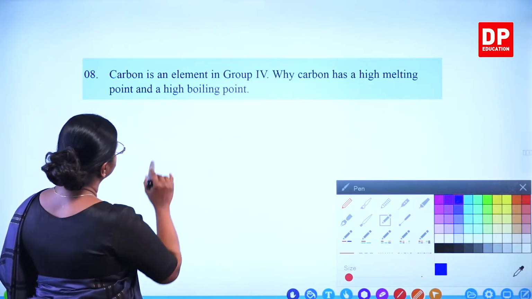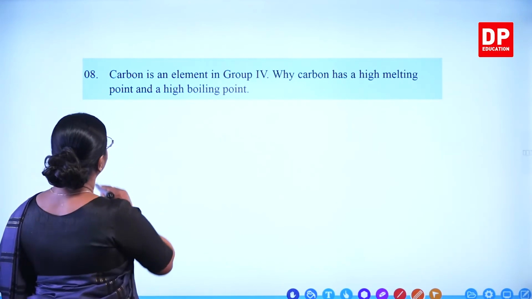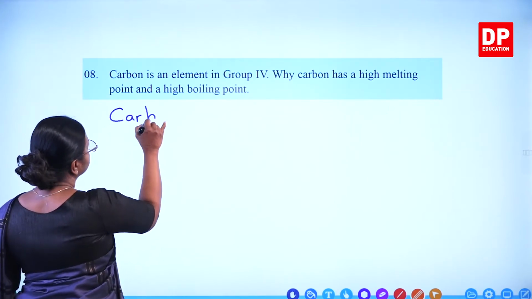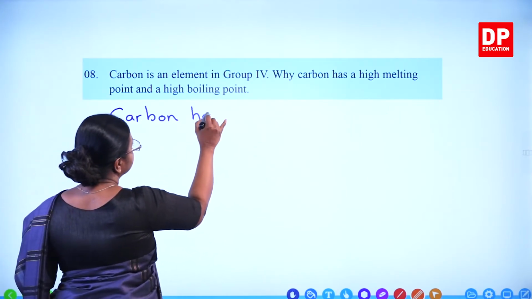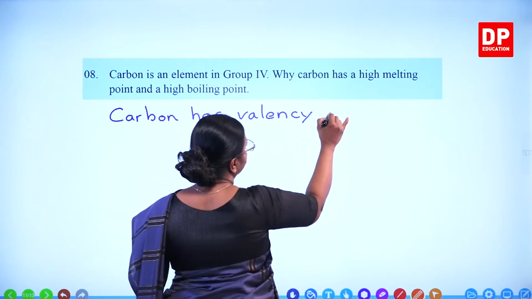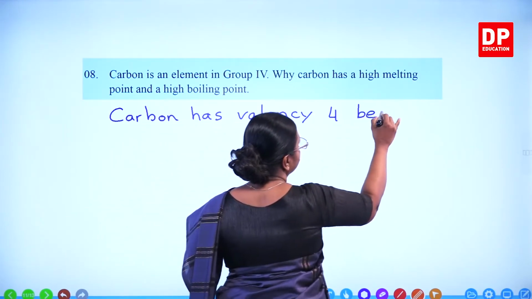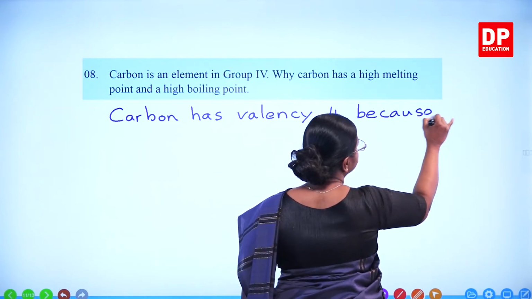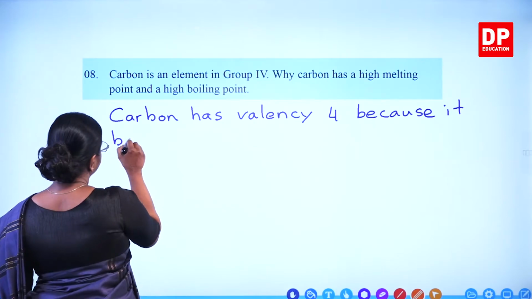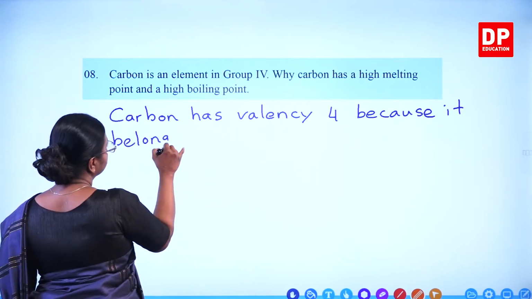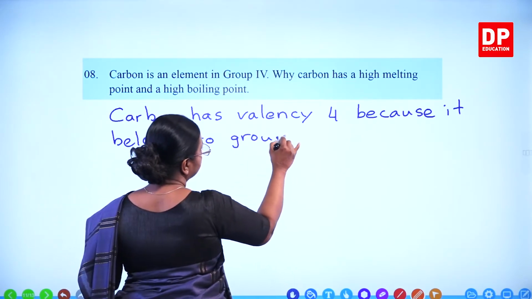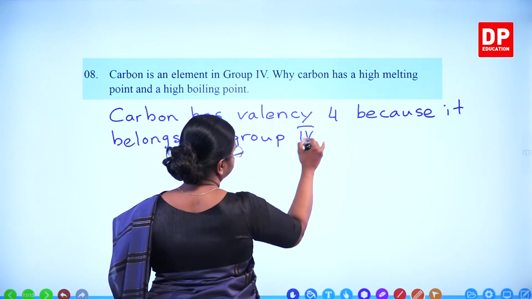So carbon is an element in group 4. So we can say carbon has valency 4 because it belongs to group 4.